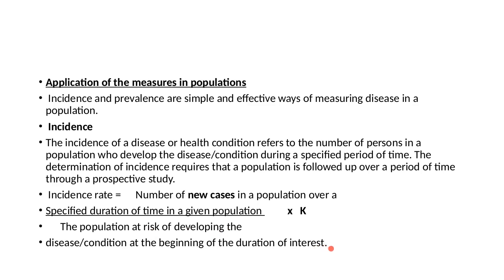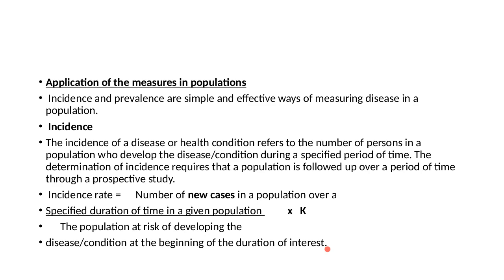So if, for example, we want to know the incidence rate of coronavirus from now to December, we'll take the number of people that will develop coronavirus from now up to December. Then you divide by who is at risk of getting this coronavirus, times K.